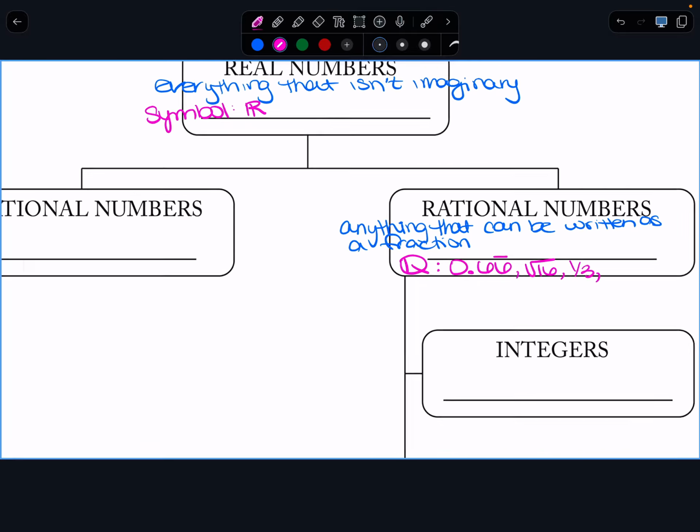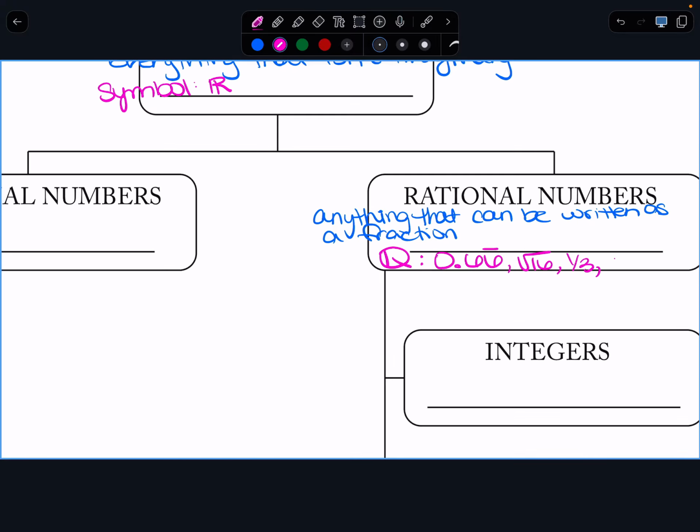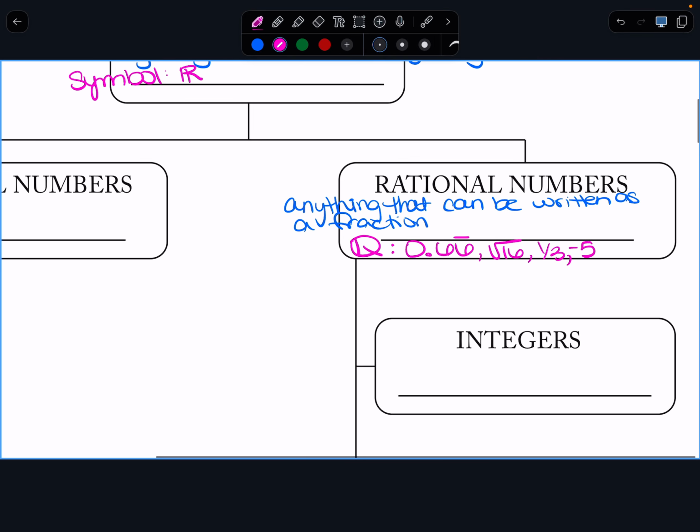I could have a whole number like 5. It can be negative also. But those are rational numbers.